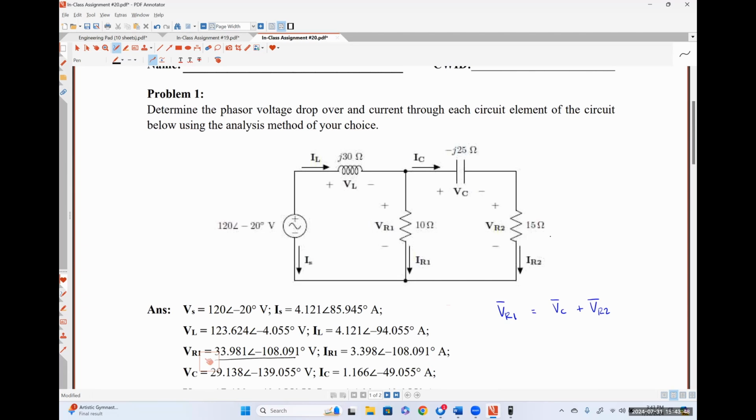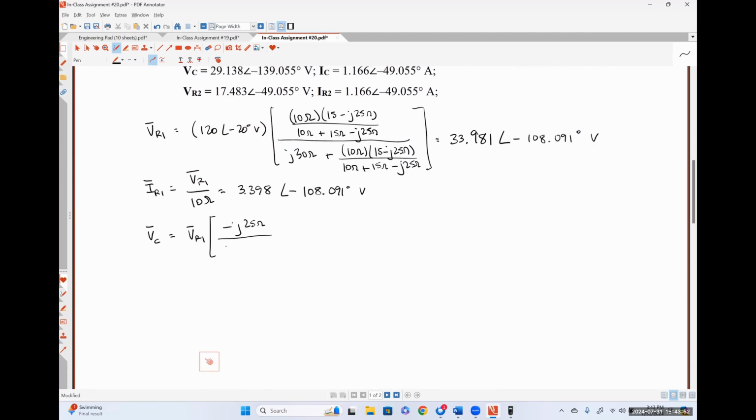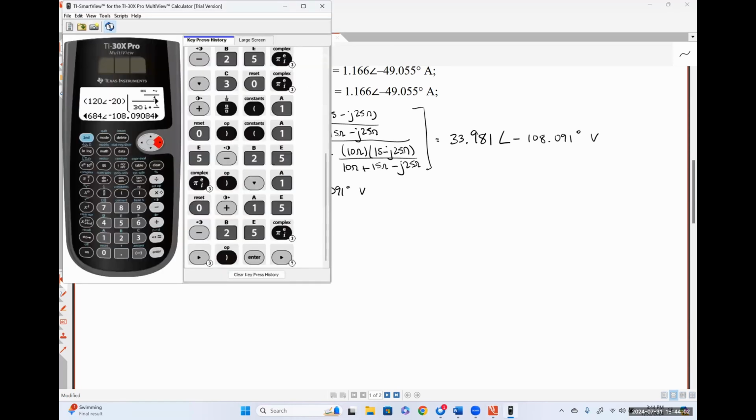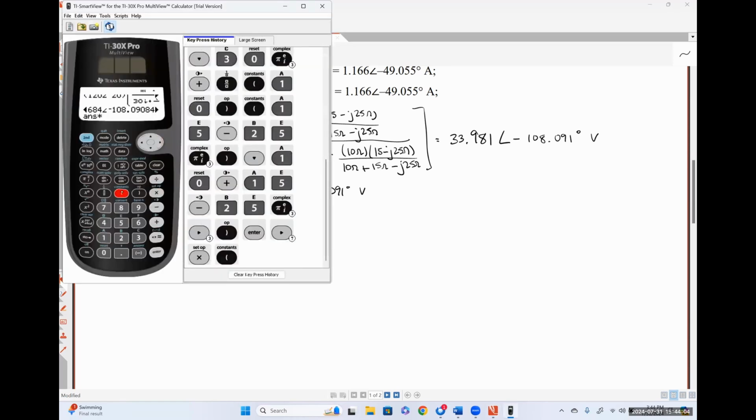Negative J25 plus 15 ohms. Yep, so I'm just going to write that as 15 minus J25. Absolutely right. And so we can throw that into our calculator pretty easily. So I'm just going to take that answer, multiply it by negative J25 in the numerator, I think.